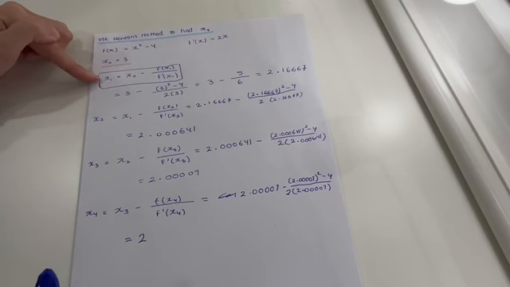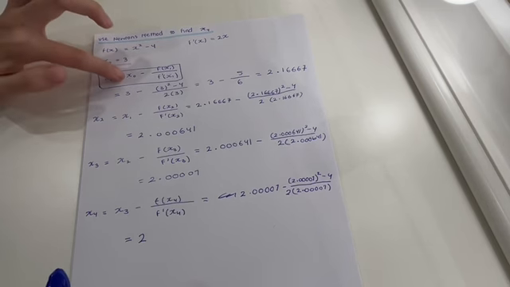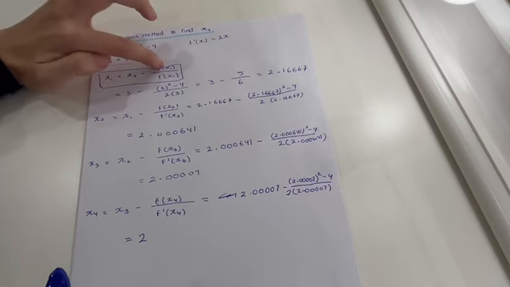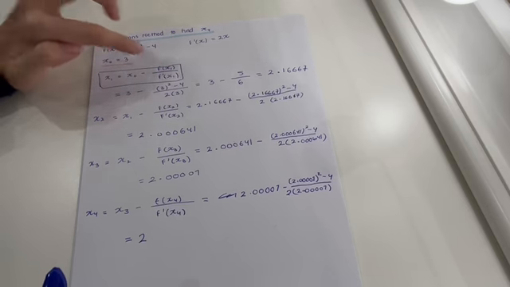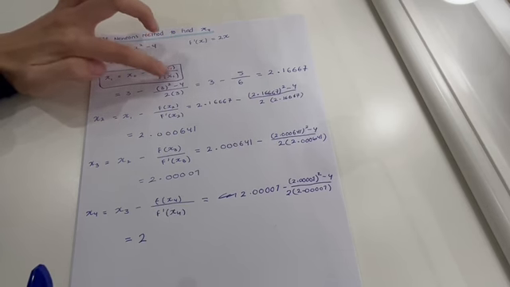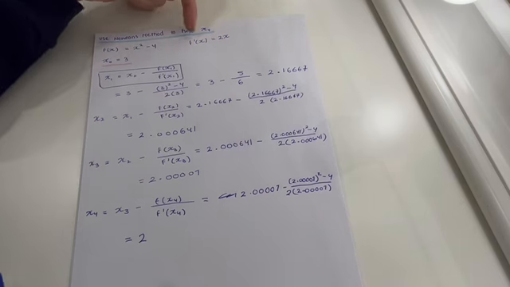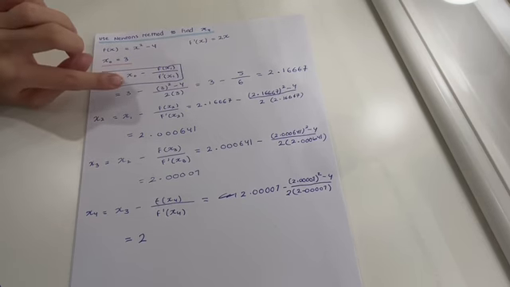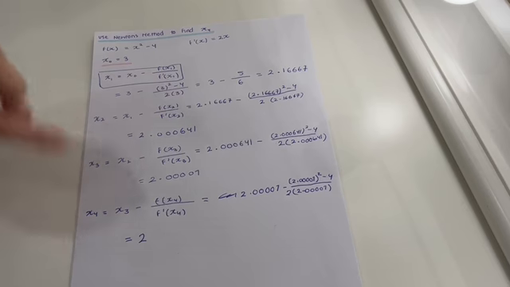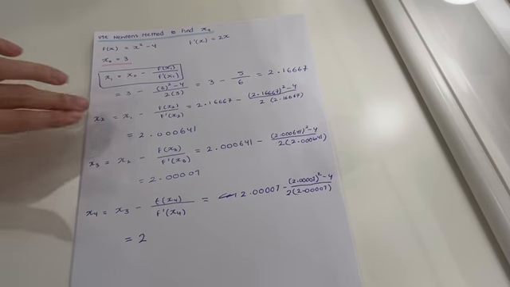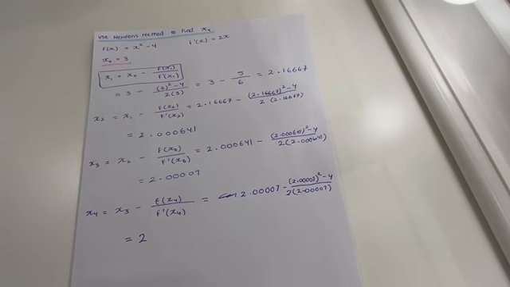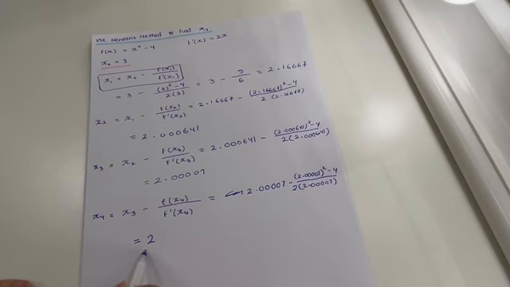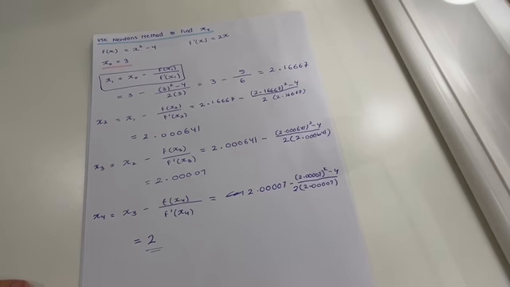Using this formula, we put x of 0 here, and then f of x of 1, and then f derivative of x of 1. As I showed you here, this is how we found the derivative. And we repeat this as many times as we are required to do, and then we get the final result, which in our case is 2.